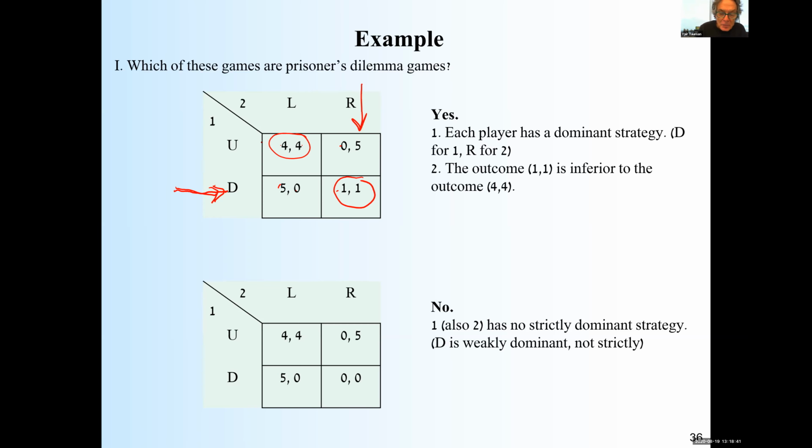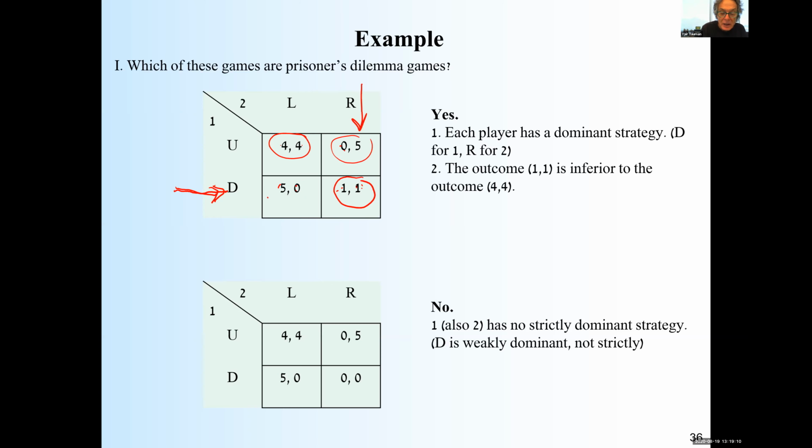Let me tell you, if I have a 2x2 game like this one, the only outcome that 1-1 can be inferior to is 4-4. It cannot be 5-0 or 0-5. Why? Because if down is a dominant strategy, 1 is more than 0. And if R is a strictly dominant strategy for 2, again, 1 is bigger than 0.